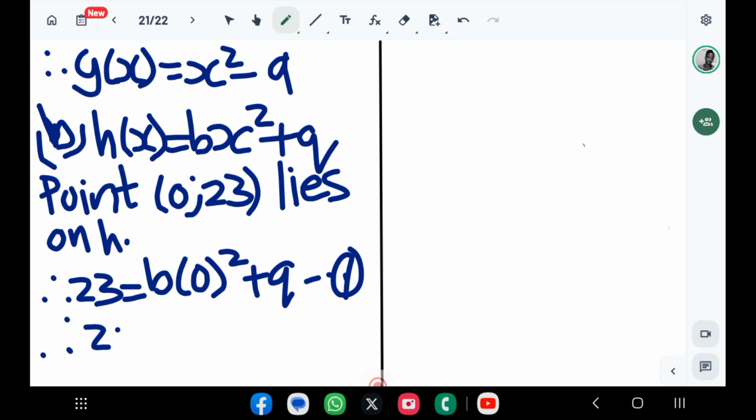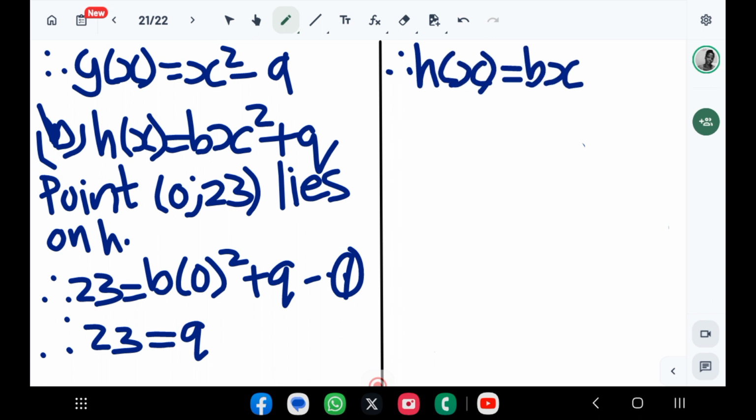Therefore, 23 equals q, meaning that h of x equals bx squared plus 23.